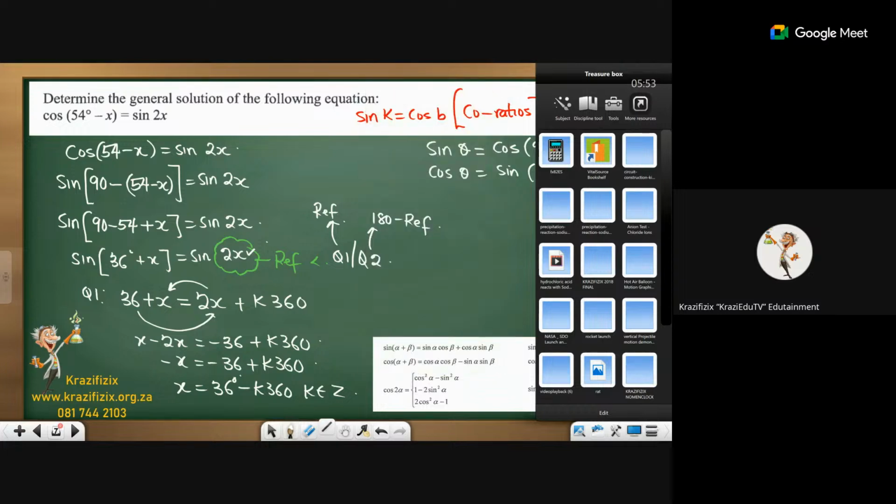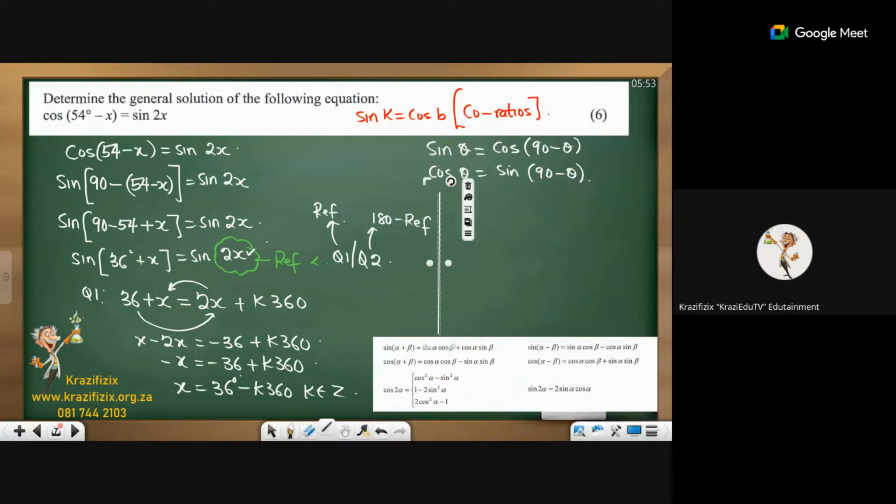Now, somebody is thinking, what if I use the other one as my reference angle, which is 36 plus x? 2x would be equal to 36 plus x plus k times 360 degrees.